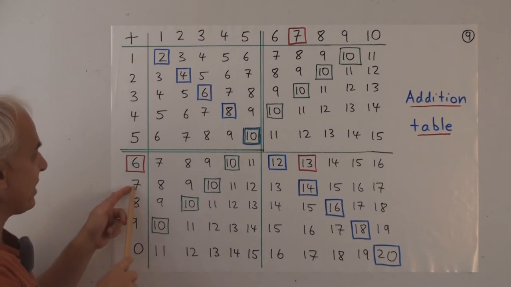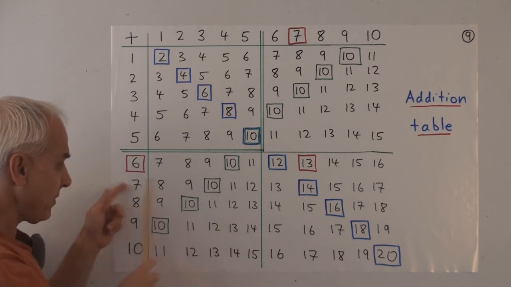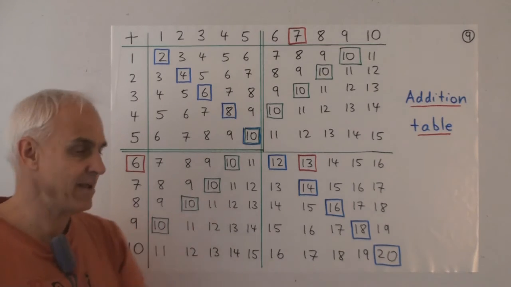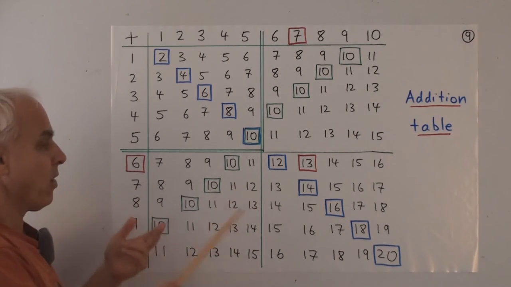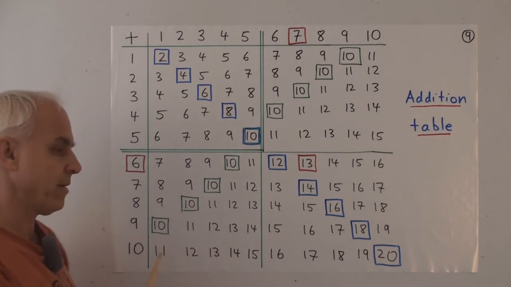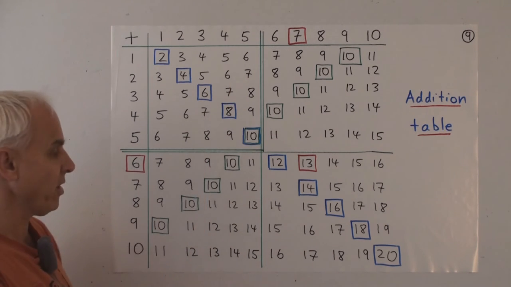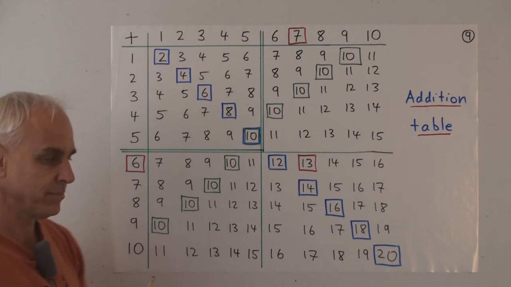So for example, if you want to know what 7 plus 4 is, if you remember that 7 plus 3 is one of those important combinations that makes 10, then 7 plus 4 will be one more, so it will be 10-1. While 7 plus 5 is two more, so it will be 10-2.